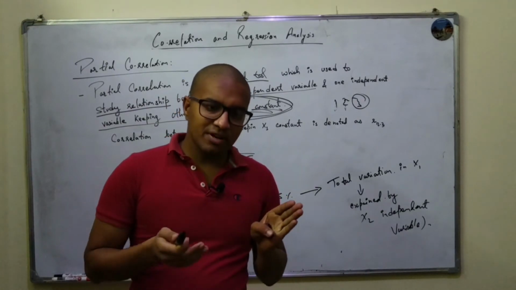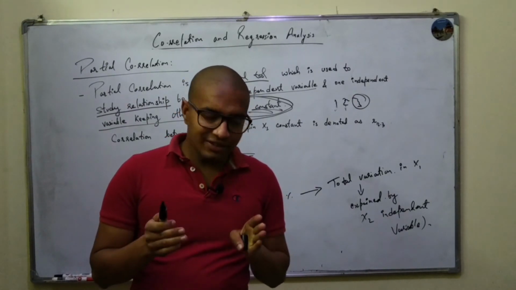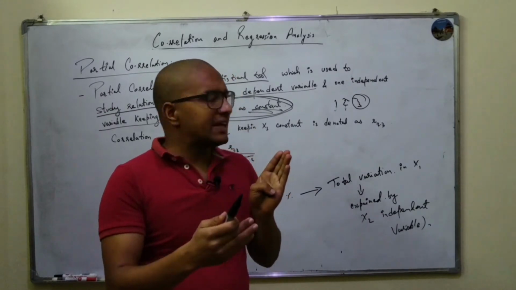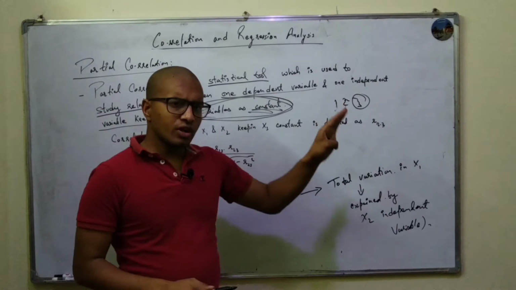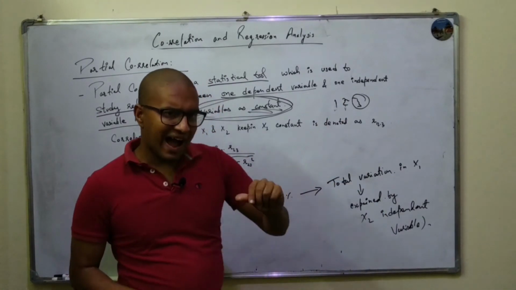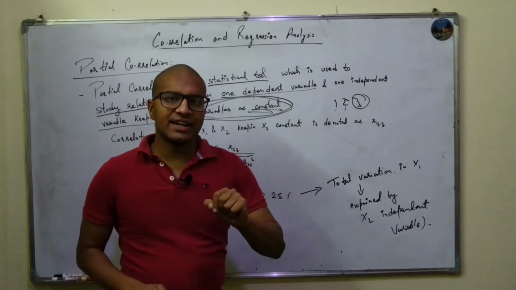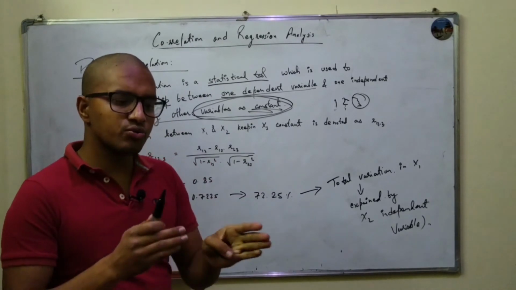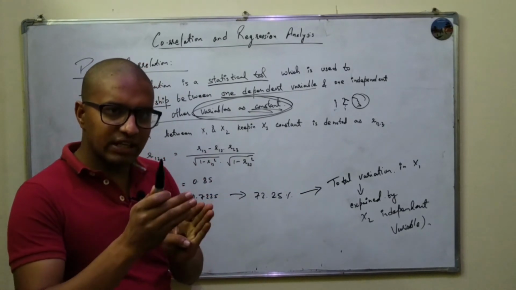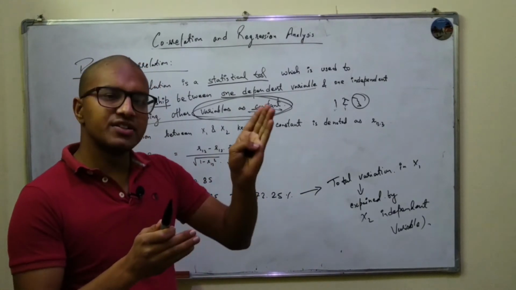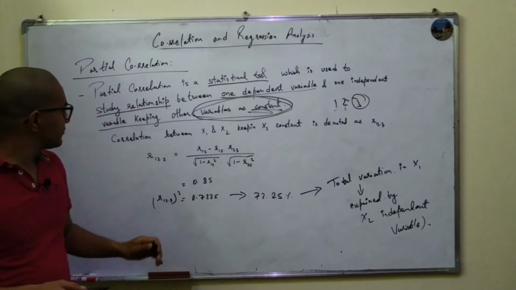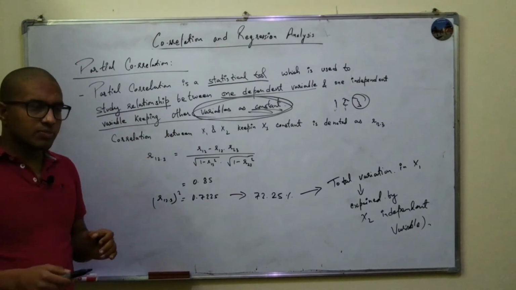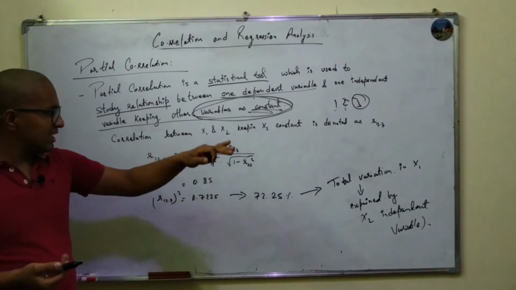That might be affected by age as well, right? So we will keep age, the third variable, as constant, and then change the height, and then we will get our weight. So how much a unit increase or decrease in one will change the other, we will determine that.